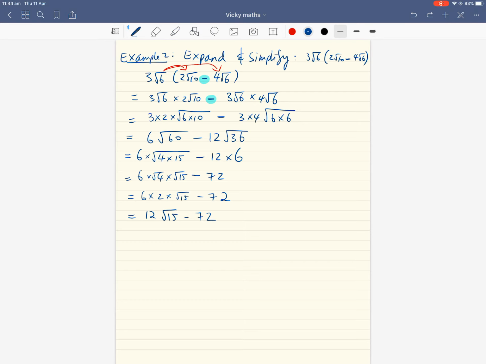So to-do list for this exercise. Ex 3C, page 178. Simple familiar.